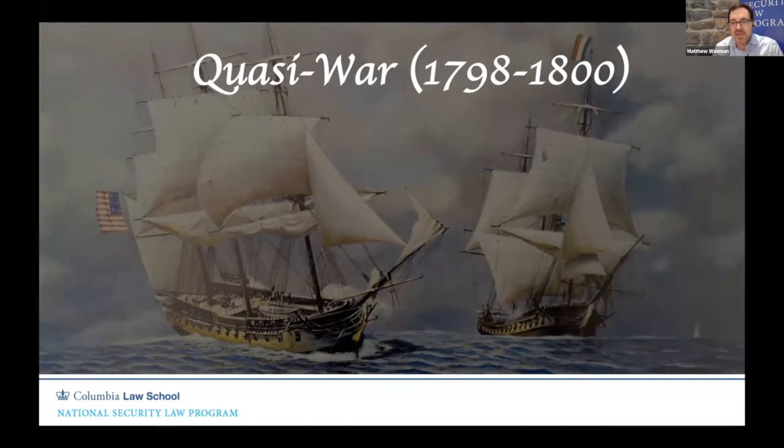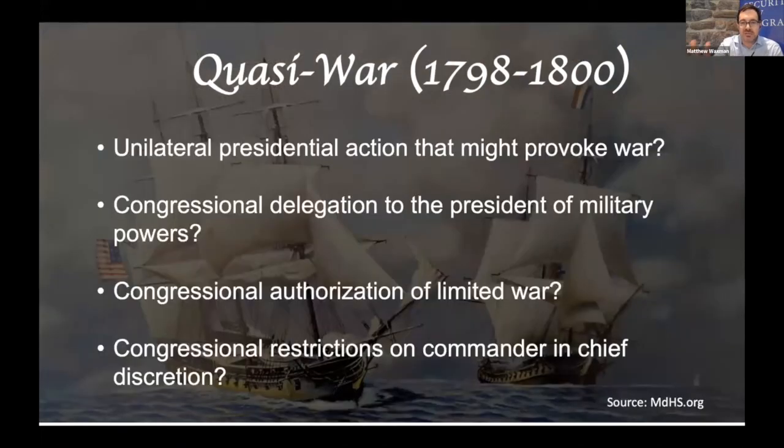So if we're interested in what the founders thought about some of these questions, well, the founders were members of Congress or members of the administration at this time. And we see that they are in some cases very bitterly divided on some of these questions. Many war powers questions come up in the quasi-war. I want to mention four that I think are especially interesting.